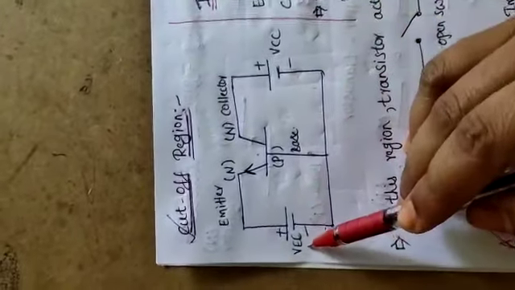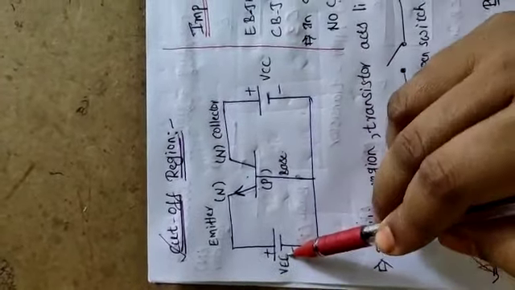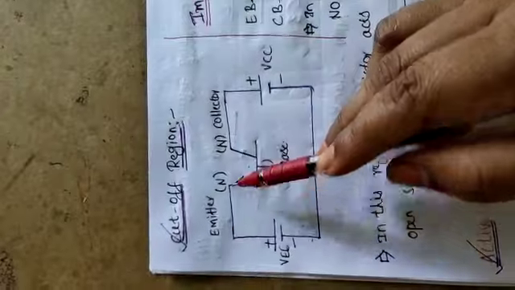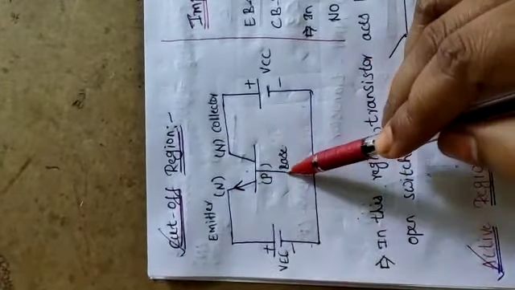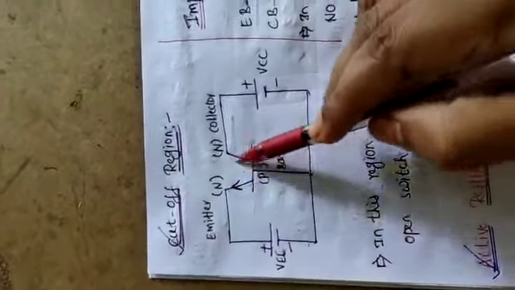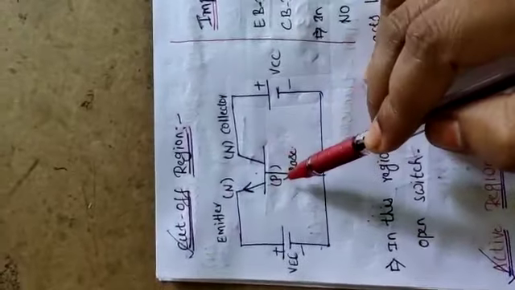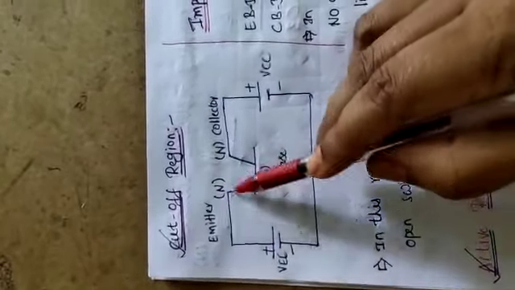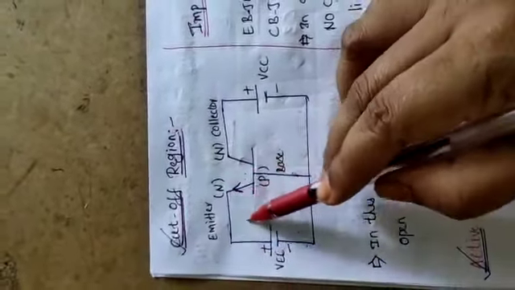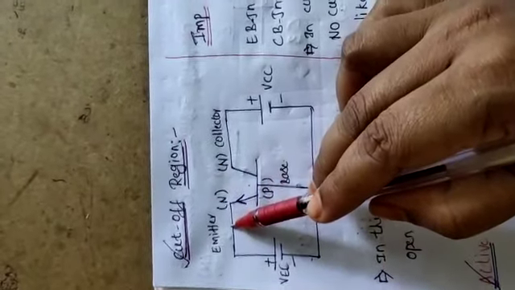First, the VEE battery. The positive terminal is connected to N type and the negative terminal is connected to P type. This is like one PN junction diode. P negative, N positive, so this PN junction is in reverse bias condition.